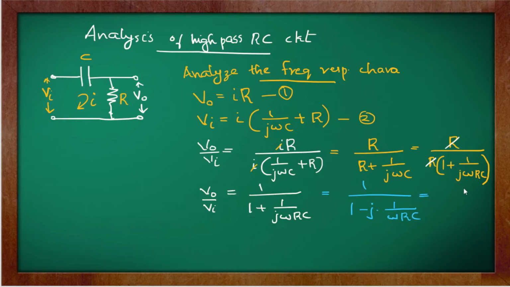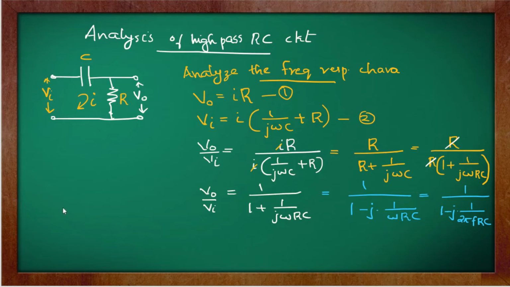Or this is equal to 1 divided by 1 minus j into 1 by 2 pi f RC. Why? Because omega is equal to 2 pi f.